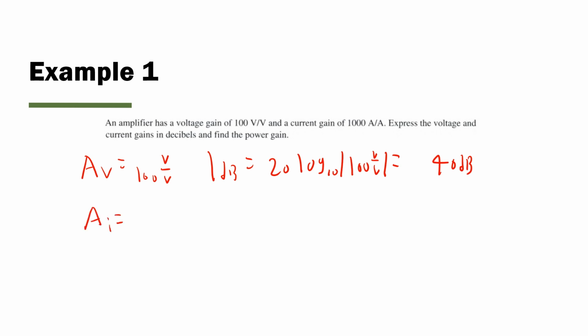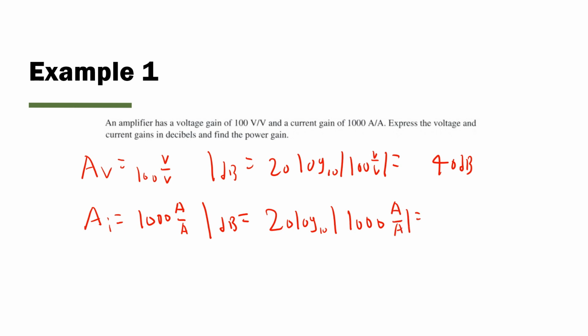Now we're given our current gain is equal to 1000 amp per amp. To convert this to decibels, we take 20 log base 10 of the absolute value of 1000. And this is equal to 60 decibels.